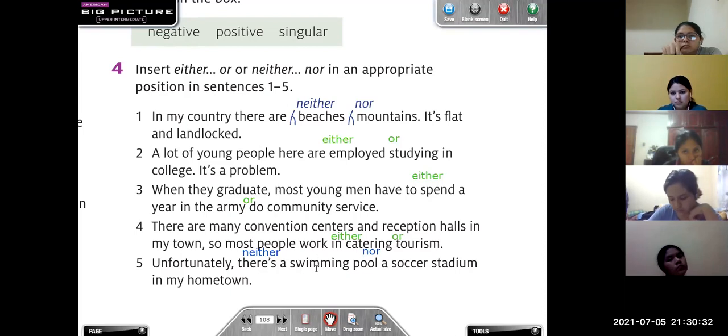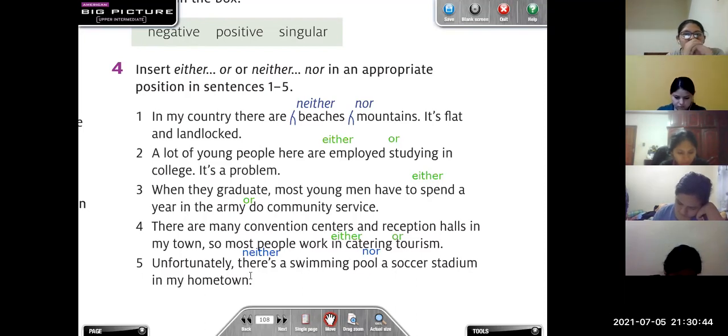Okay, very good. So, what other sentences can we say about Santa Cruz using either or neither nor? Describing our city. What can we say? You can send your sentences here in the chat in Zoom so we can read them.